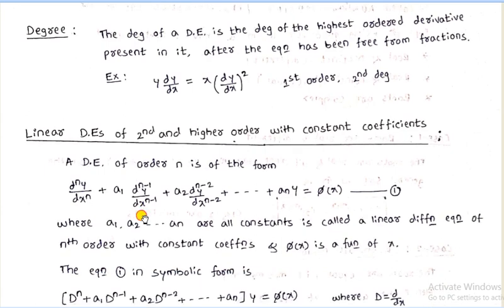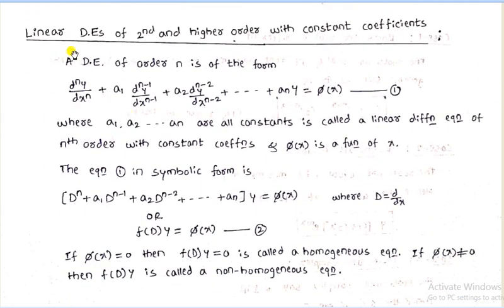The next one is linear differential equation of second and higher order with constant coefficients. Suppose the differential equation of nth order is in the form d^n y/dx^n + a1 d^(n-1) y/dx^(n-1) and so on, equal to phi of x.